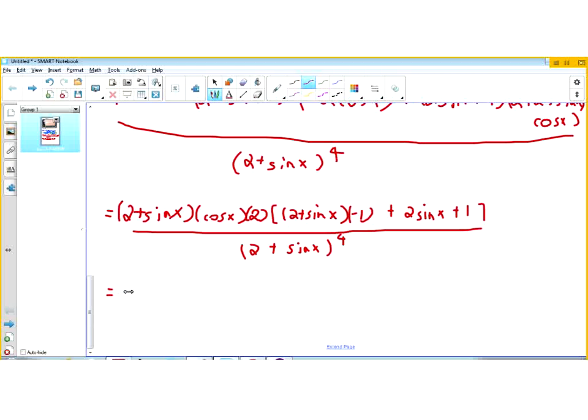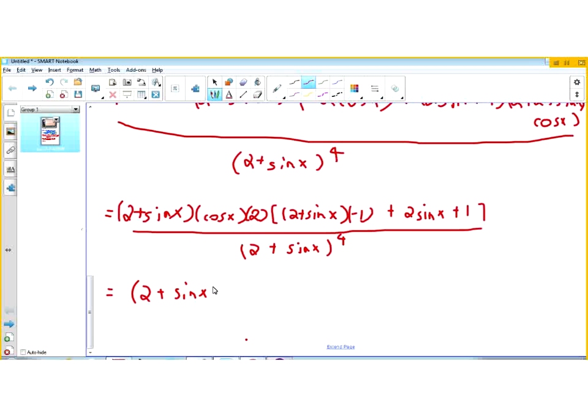All right, so simplifying what's in brackets, we'll have 2 plus sine x times 2 cosine x times, what?